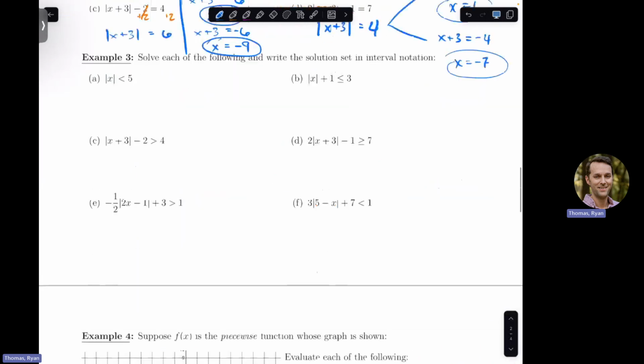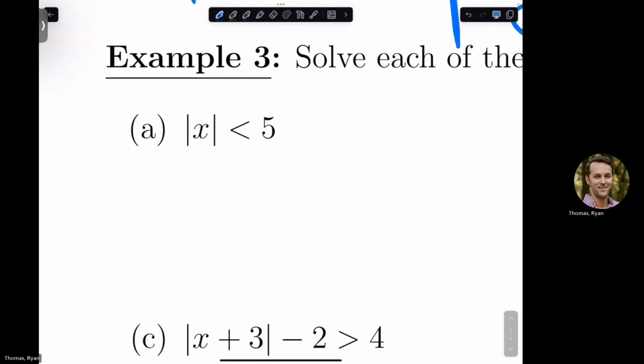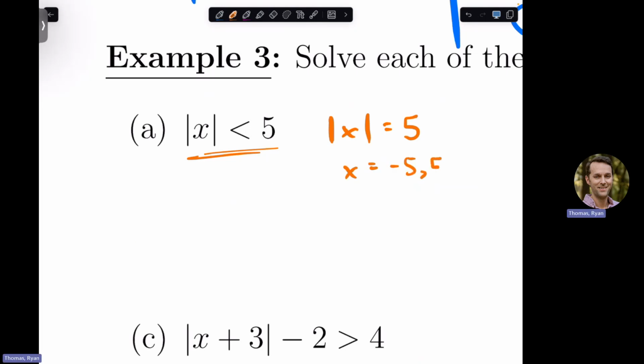Test it numerically. Do one quick. The absolute value of x is equal to 5. What could x be? Negative 5 or 5. Okay.